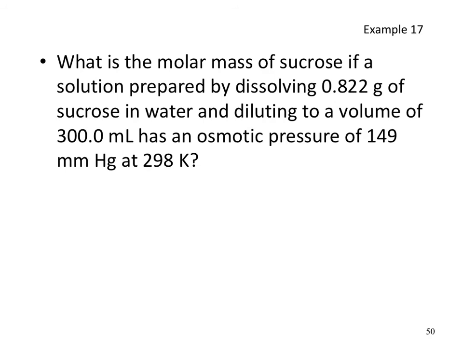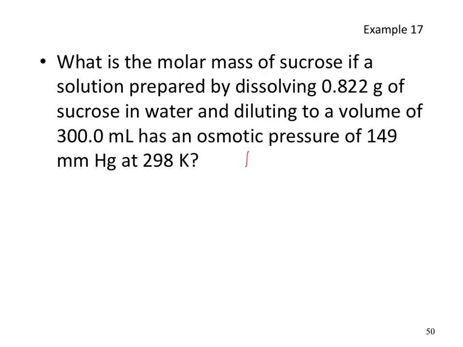The question is, what is the molar mass of sucrose if a solution prepared by dissolving 0.822 grams of sucrose in water and diluting to a volume of 300 milliliters has an osmotic pressure of 149 millimeters of mercury at 298 Kelvin?